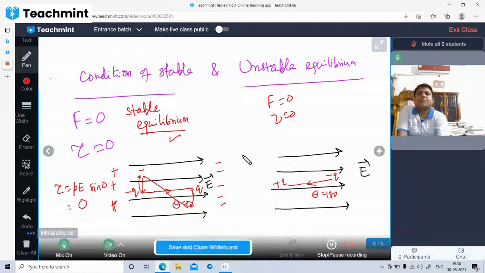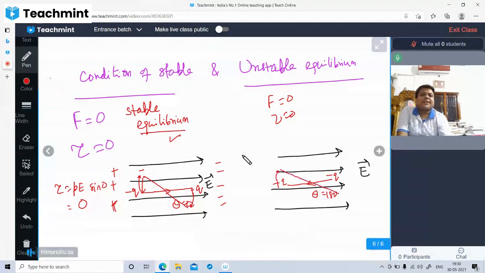Okay. In this case, if we move by applying external torque, then it is plus, it is minus. Then plus is moving away from plus, then it is good, because it is a repulsive force. There will be a repulsive force in between.